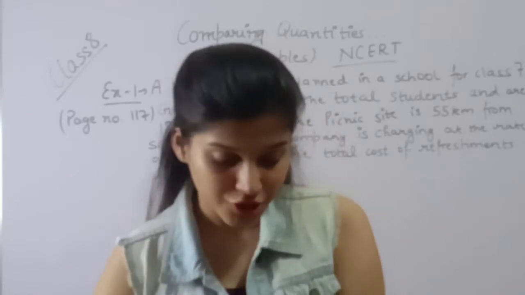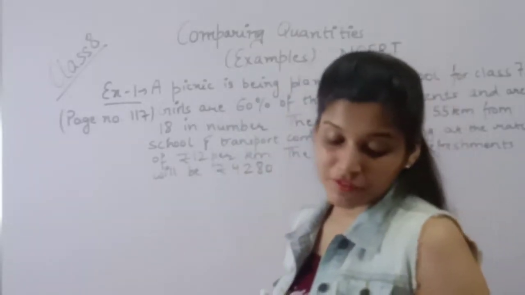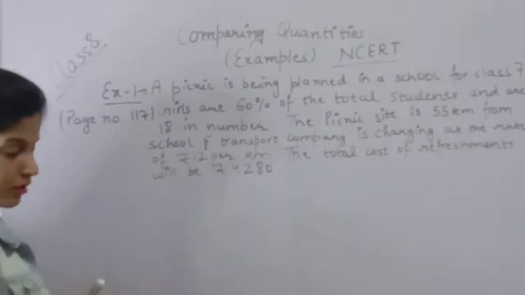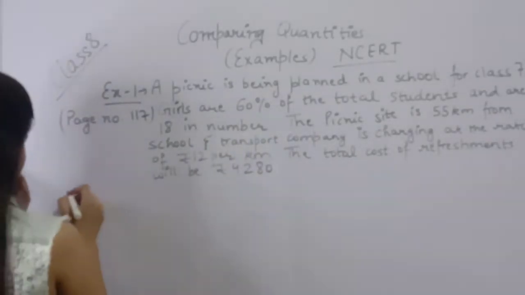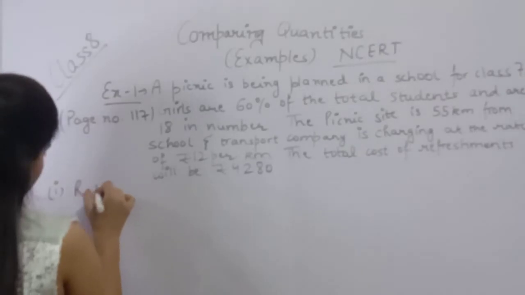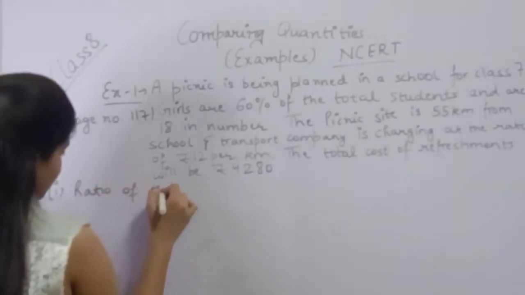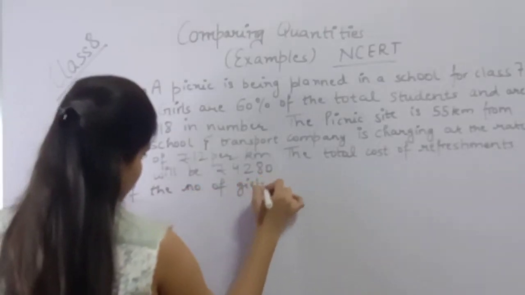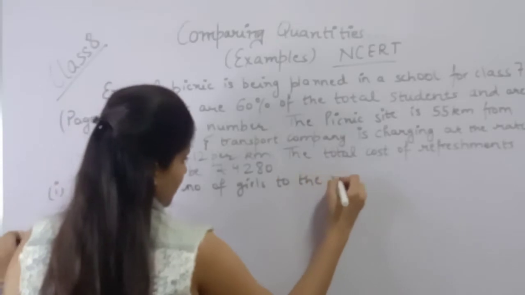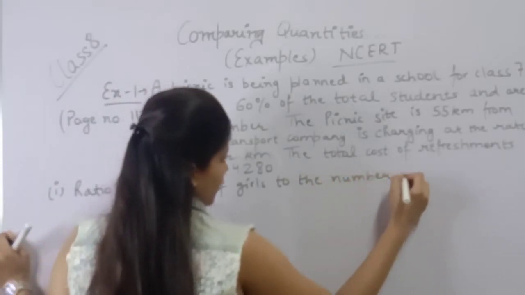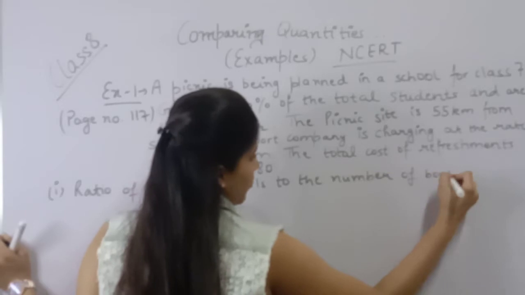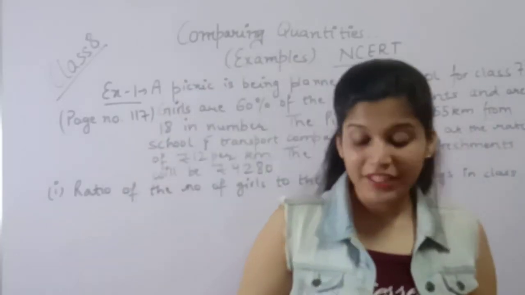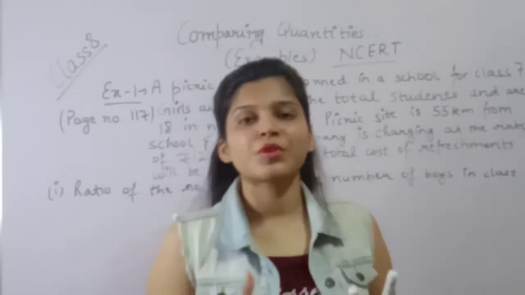So our first question is the ratio of the number of girls to the number of boys in the class. We have to find the ratio of the number of girls to the number of boys.